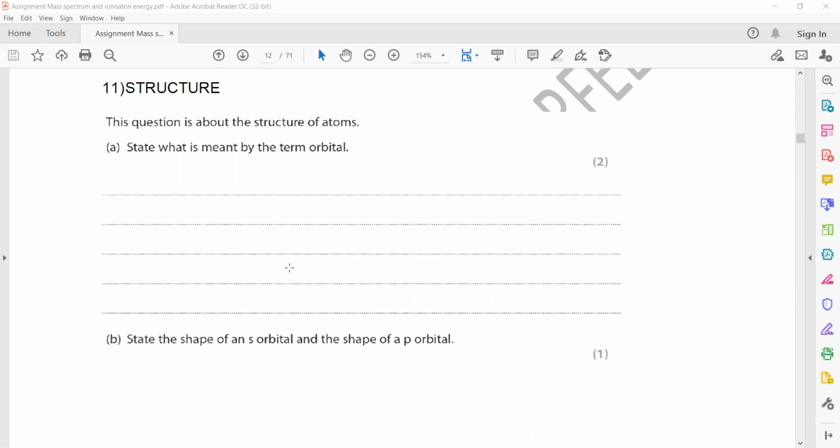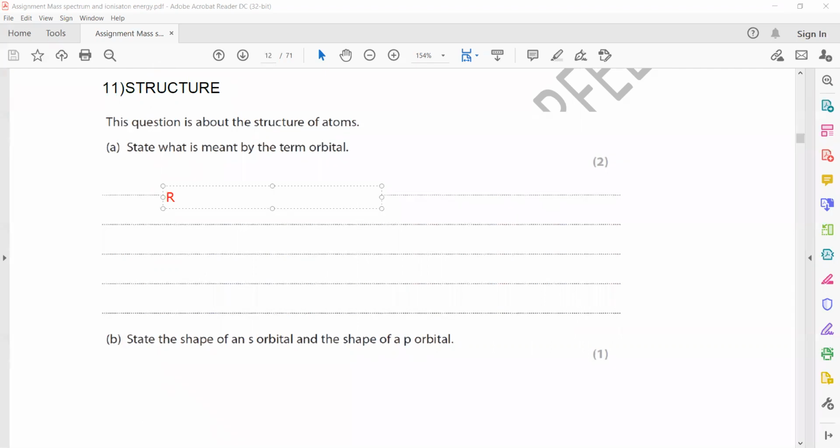In question 11, this question is about the structure of atoms. State the definition for orbital. So how do we define an orbital?